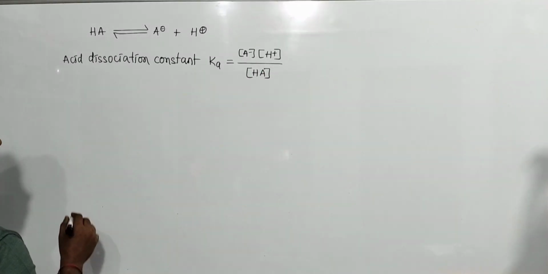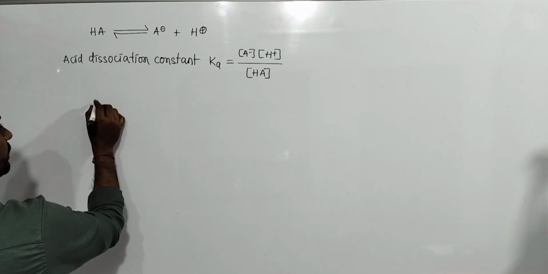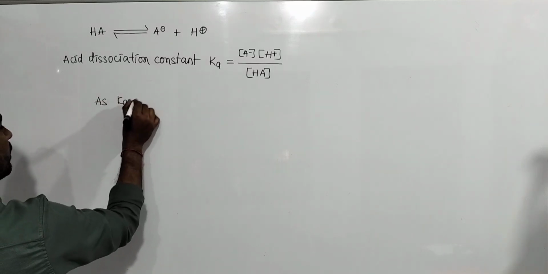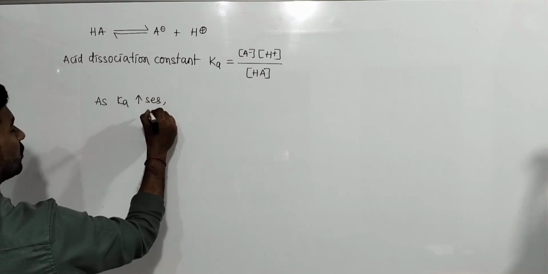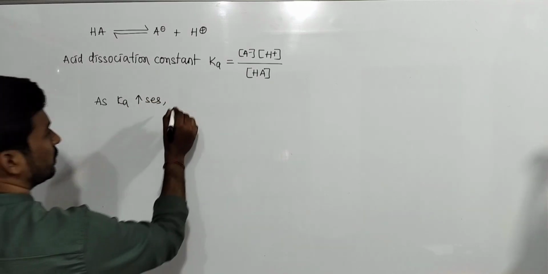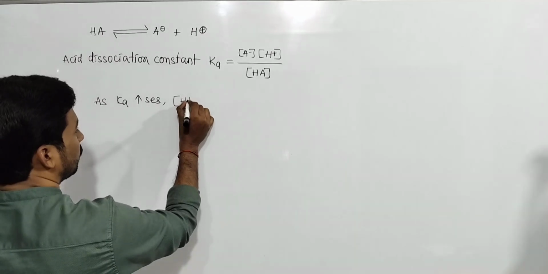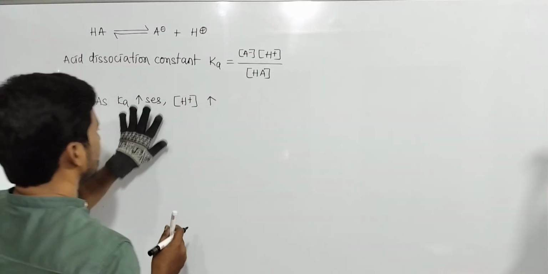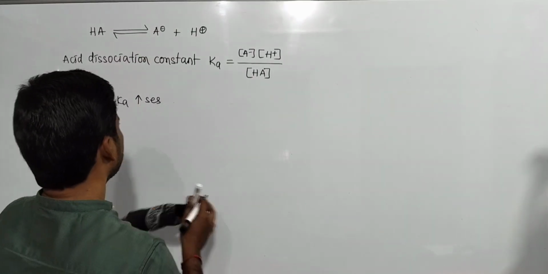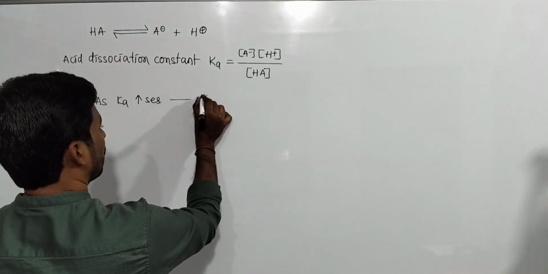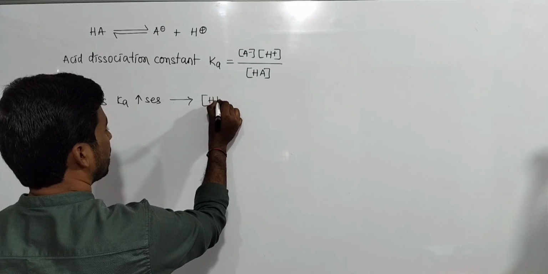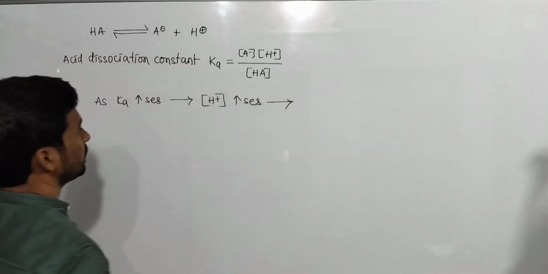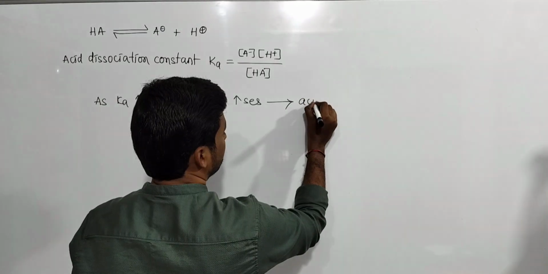From the above, what can we say? As the Ka value increases, the molar concentration of H plus increases. As the molar concentration of H plus increases, acidic strength increases.